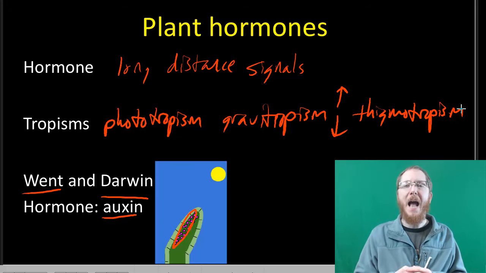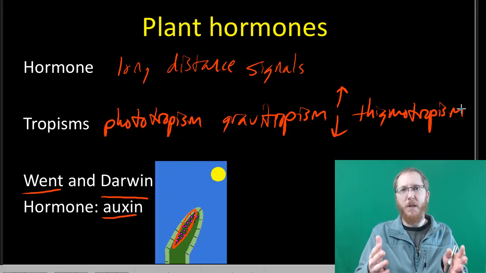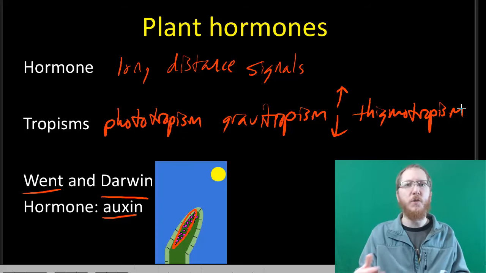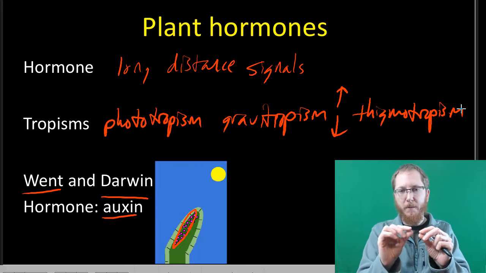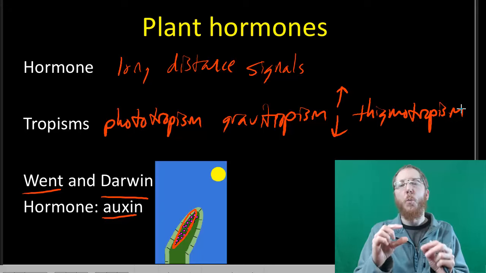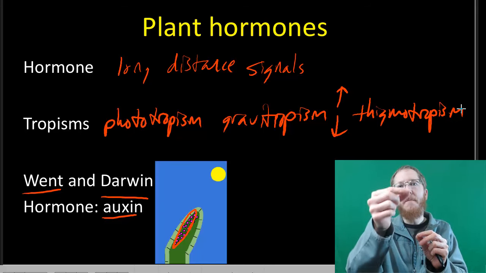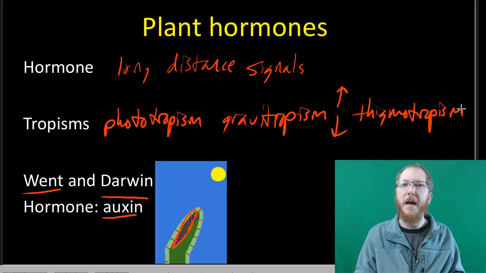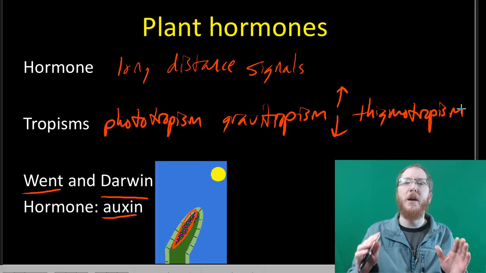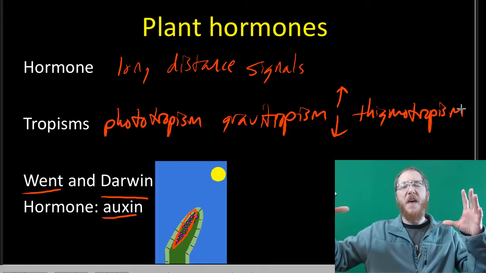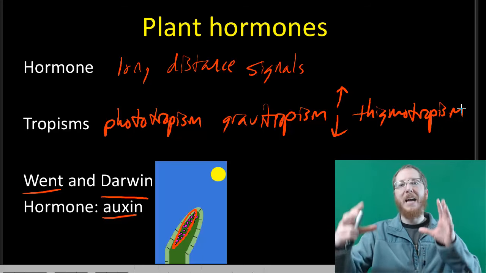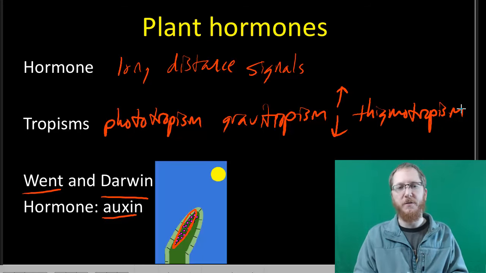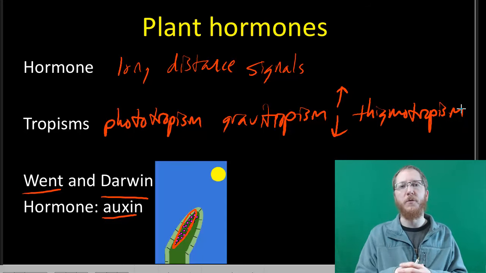Some people with early plants that are growing will toughen them up by lightly touching them, or if it's a tree, as we said before, you can just go nuts with a baseball bat. But you can alter the way the plant grows in response to that physical contact or physical pressure that it experiences. So those will be tropisms, and that's just one of the effects that things like hormones can have.